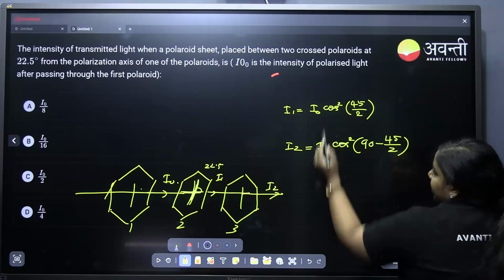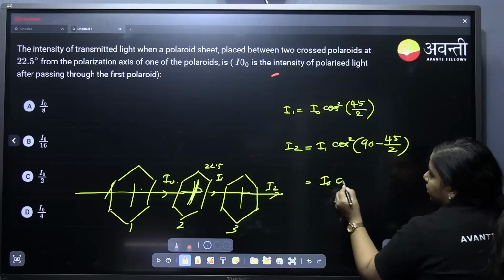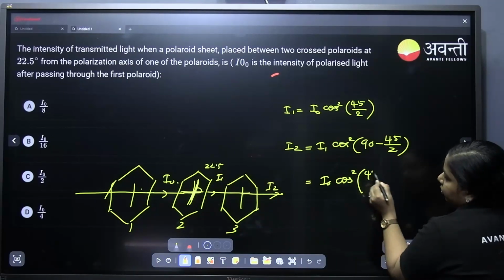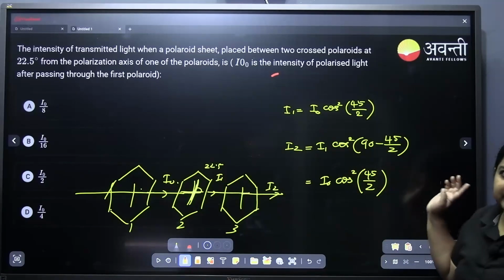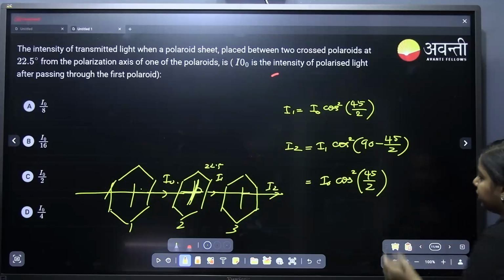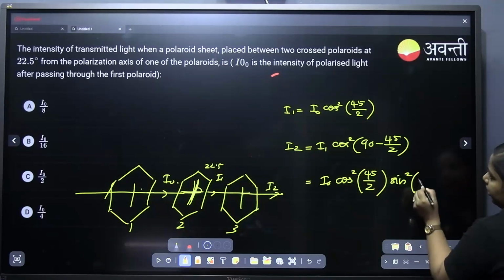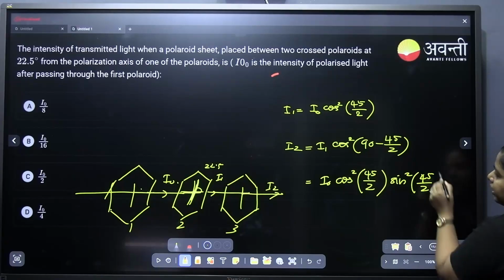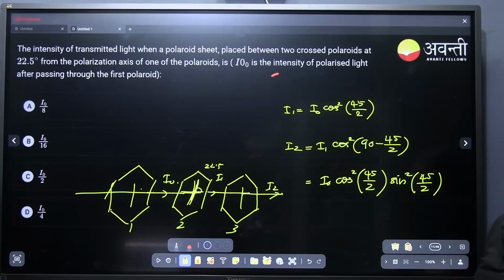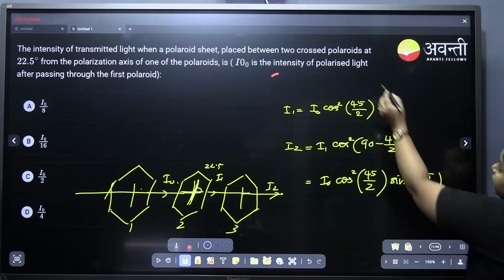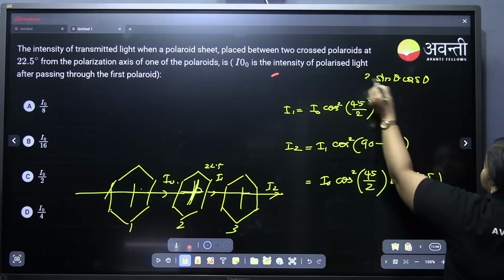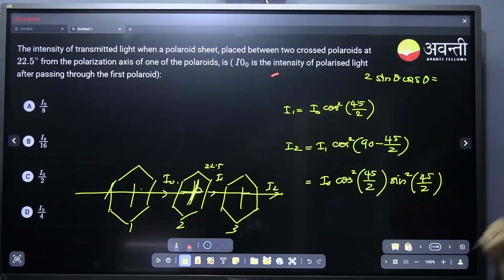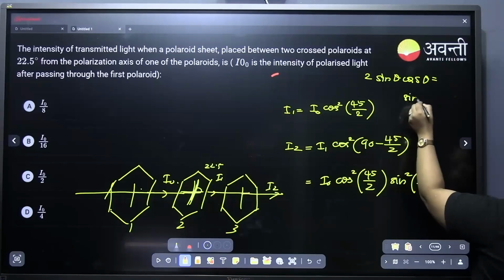Now substituting I1 here, we will have I naught cos square 45 by 2 into cos square of 90 minus 45 by 2. Cos of 90 minus theta is sin theta. Okay, so sin square 45 by 2. Next, we know 2 sin theta cos theta is equal to sin 2 theta.